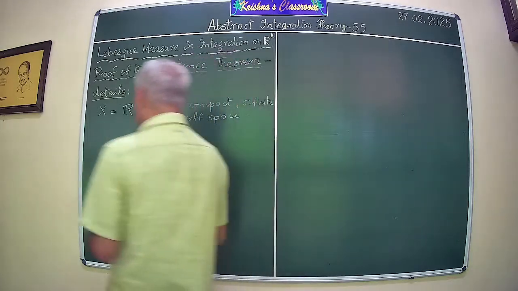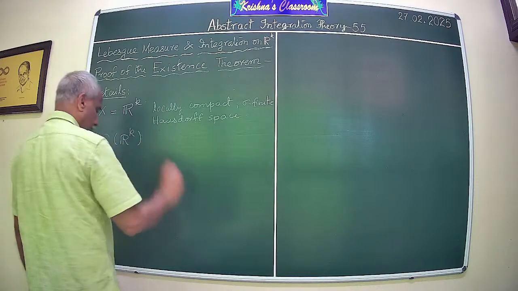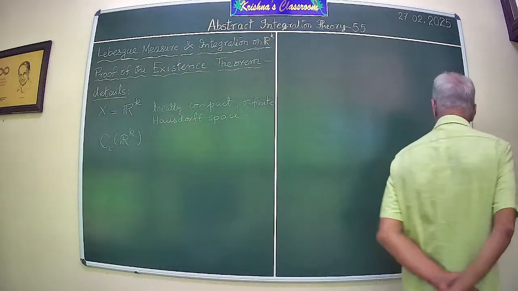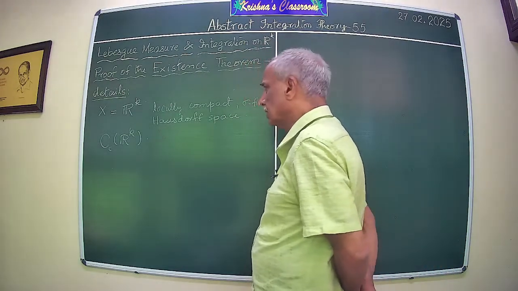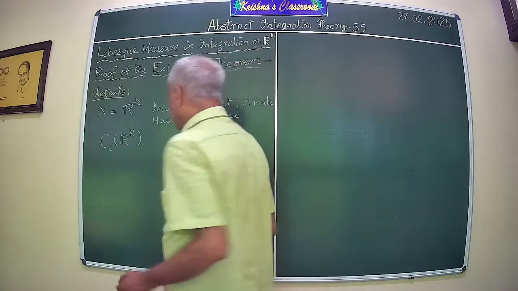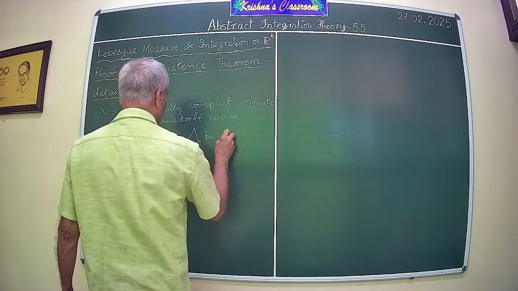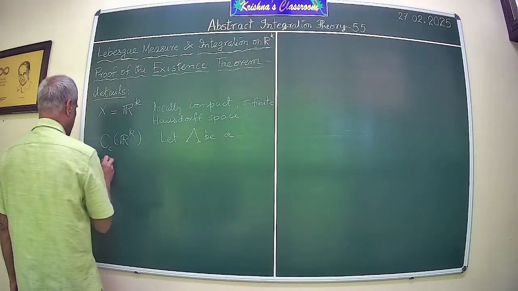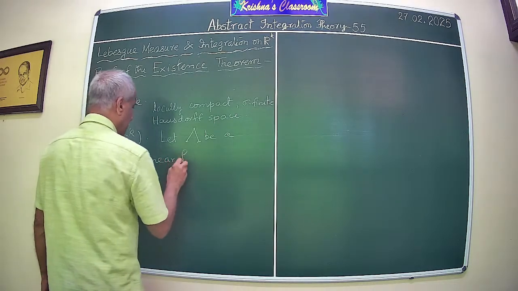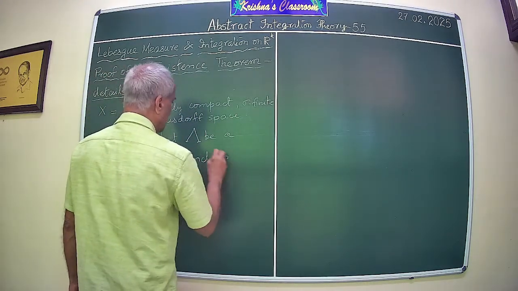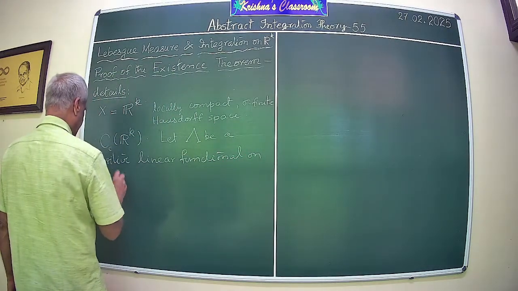Now let us take C_c. This consists of all continuous functions with compact support on R^k. We'll take real valued functions. Let lambda be a positive linear functional on C_c(R^k).